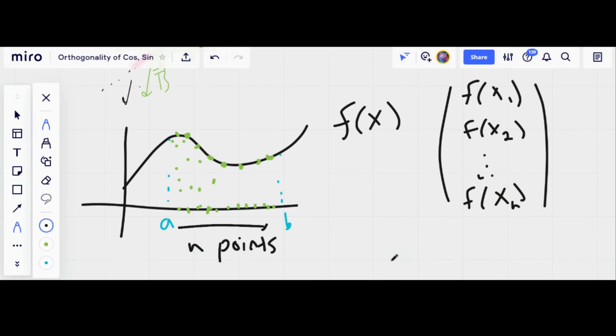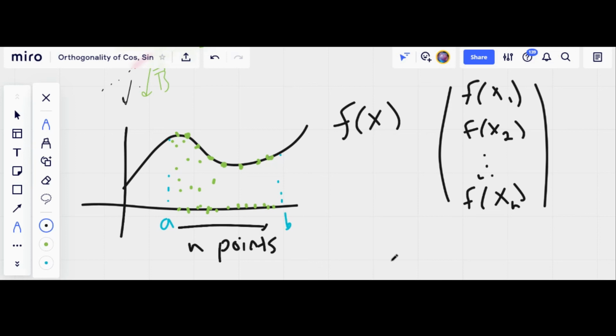Now, let's just let n go to infinity, however. Let's just say that I can give you an infinite number of points. Well, we have just expressed f as a vector in an infinite dimensional space. Now, let's think about how we would construct an inner product between f and some other function g.